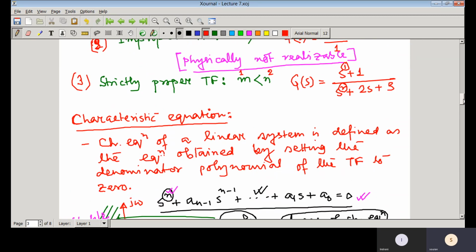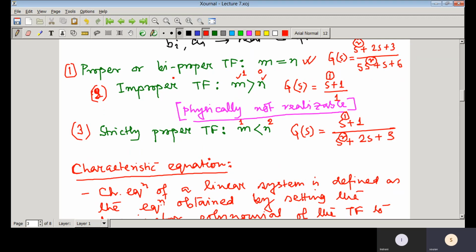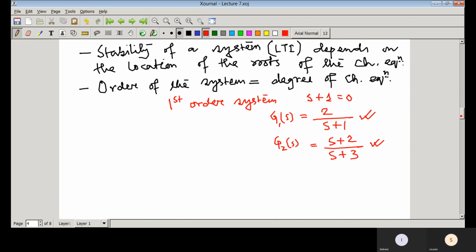Proper or biproper means m equals n, and strictly proper means m is less than n. In this case both are first order systems, because the degree of the denominator polynomial is 1, but the first is a first order strictly proper plant, and the second is a first order biproper plant.